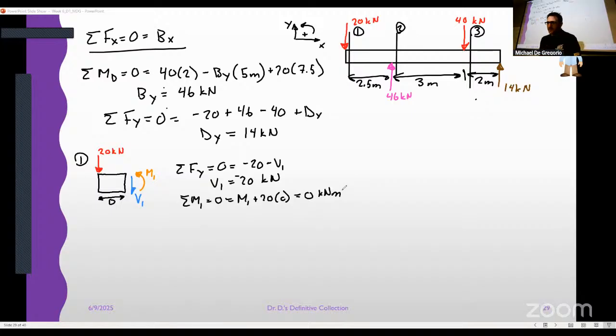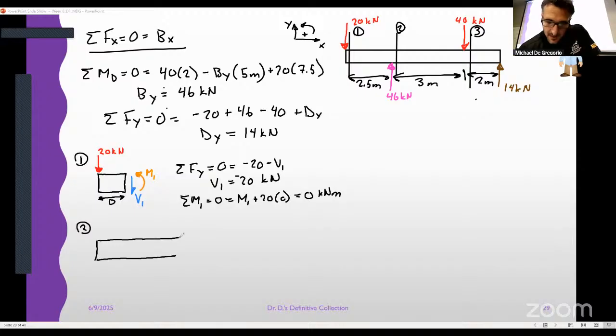We're going to move to cut 2 now. So it's rinse and repeat, right? We take section 2. Here's section 2. I like to draw these so that it shows the progression from one to the next, right? You guys can feel free to do it however you want. This is going to be roughly 2.5 meters.